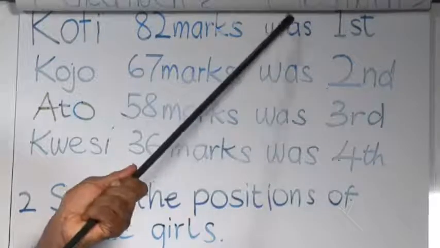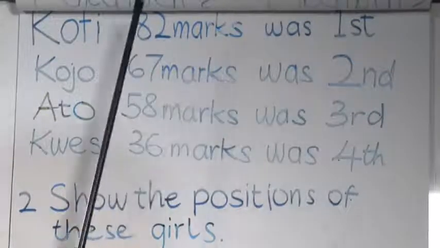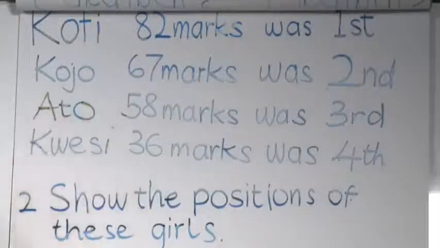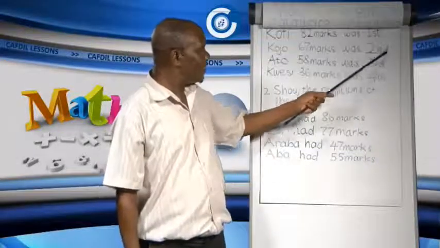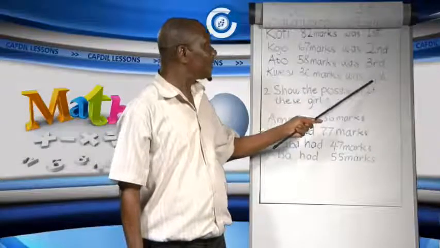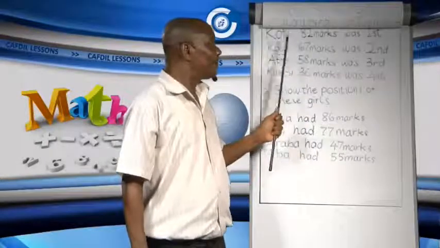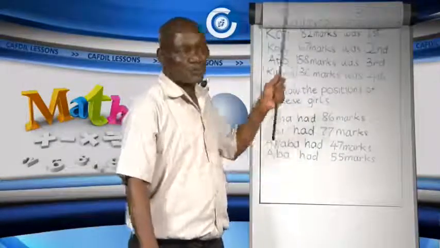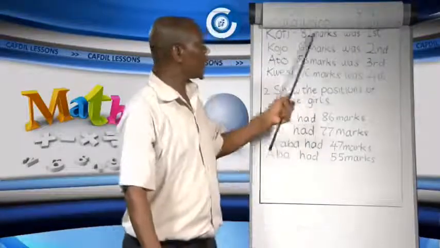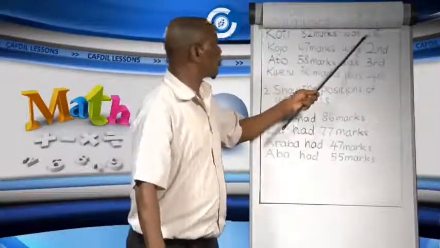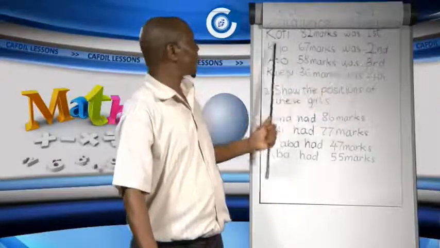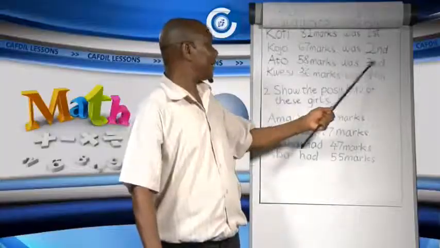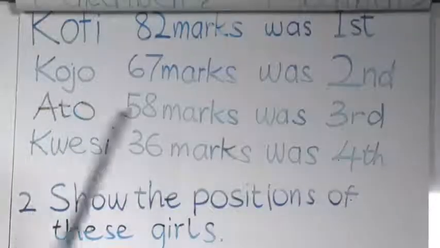So that is the position of the people. Now, you see, because we have ST, ND, RD, TH, these show position, and we have known the position of Kofi as first, Kojo as second, Ato as third, and Kwesi as fourth.